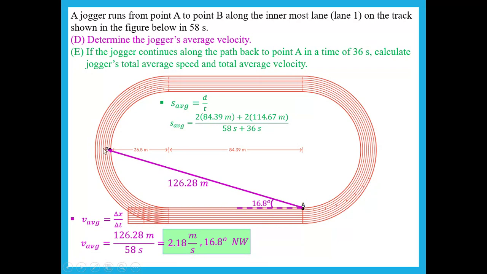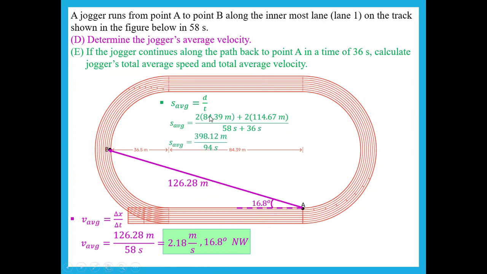But there are two semicircles along this track, so that's why there's a 2. Symmetry-wise, there are two straightaways and two curves, so that's why there are 2's in both of these quantities in the numerator. And then for time, I just added 58 seconds plus 36 seconds, because that's how much time this particular jogger took to complete this one lap.